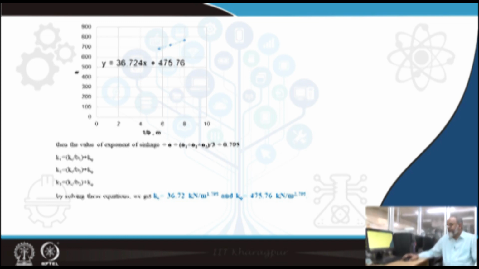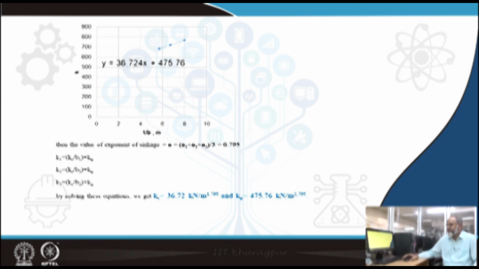The values which you got are valid for a sandy clay loam soil. The moment you change the soil, these values may change. These parameters are dependent on the type of soil and also the moisture content. That is important.